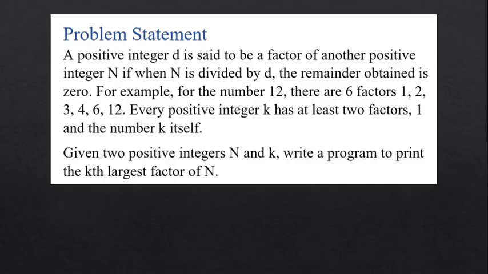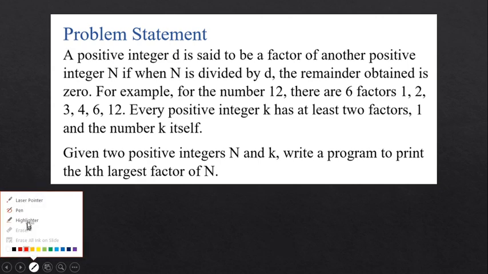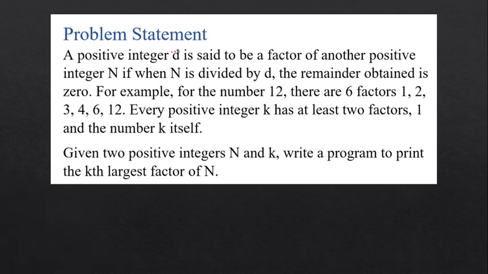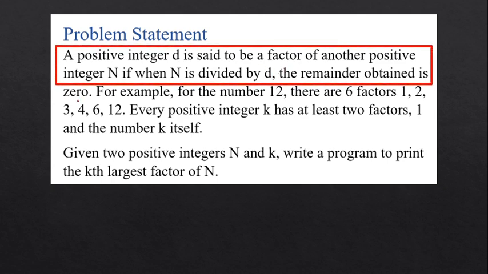Take a look at the question. A positive integer d is said to be a factor of another positive integer n if when n is divided by d, the remainder is 0. Look at this point alone. When n is divided by d, the remainder should be 0.